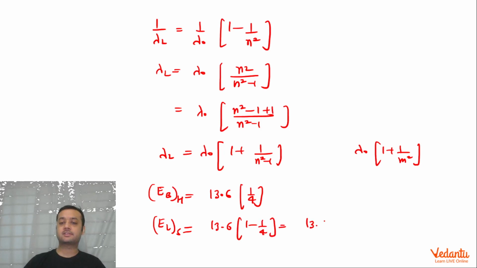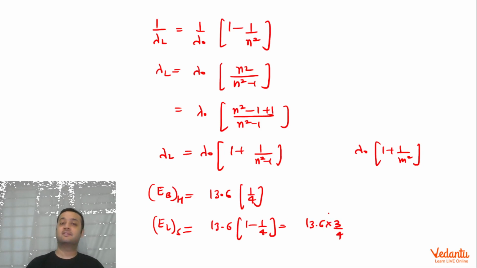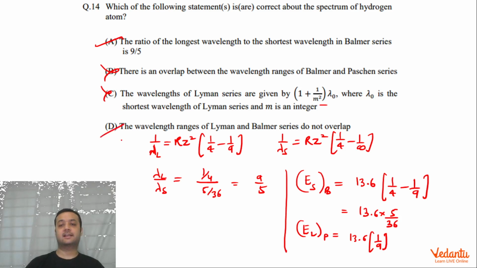So this will be 13.6 into 3/4. So as you can see कि there is no overlap, क्योंकि बामर की हाईएस्ट एनर्जी लाइमन की स्मॉलेस्ट से कम है, therefore energies can never overlap and hence there will be no overlap in the wavelengths as well. Therefore option D is correct.